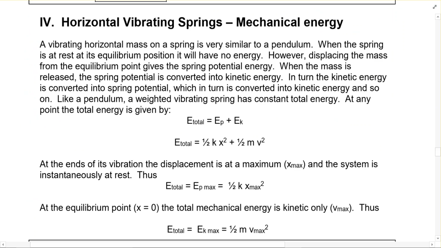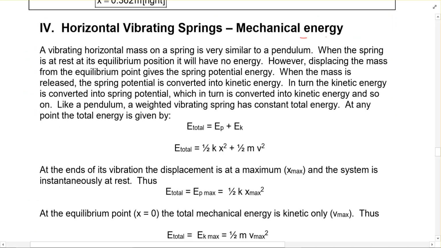Now, looking at horizontal vibrating springs from an energy perspective. With a pendulum, we said that it was made up of two types of energy. At any point, it's always potential energy plus kinetic energy. The potential energy was gravitational, and the kinetic energy was kinetic energy, for which we only have one formula.